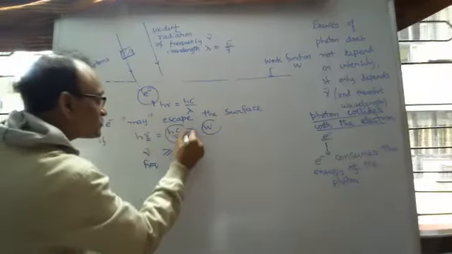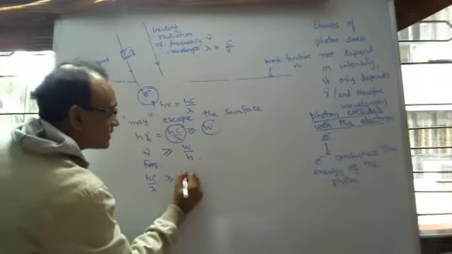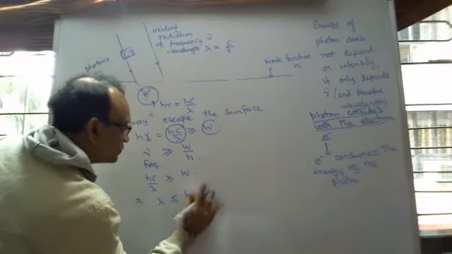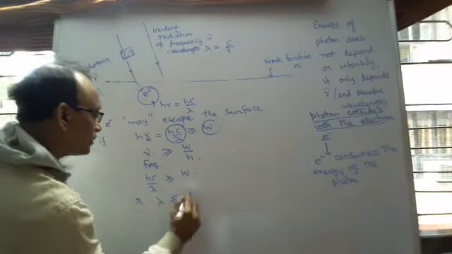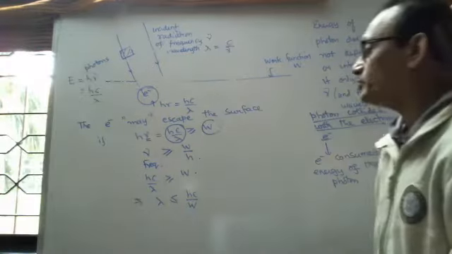Or from this hc by lambda must be greater than or equal to W. That means lambda must be less than or equal to hc by W.